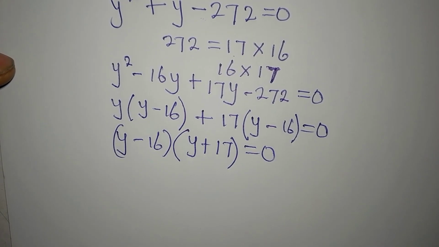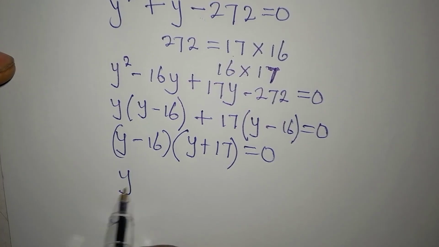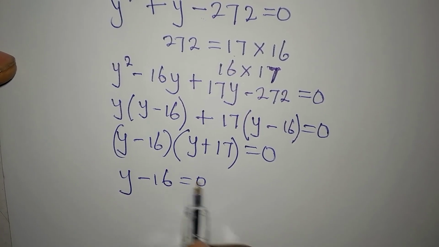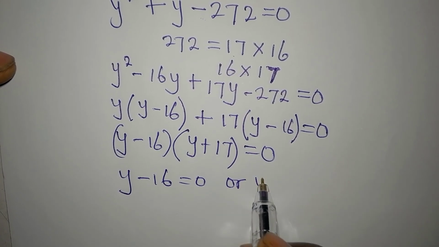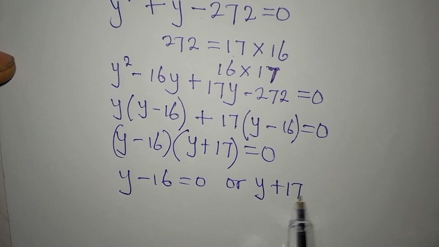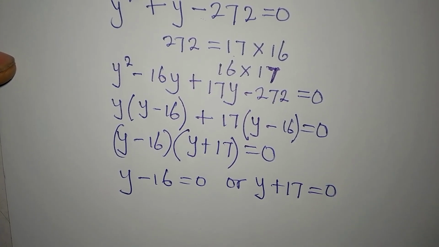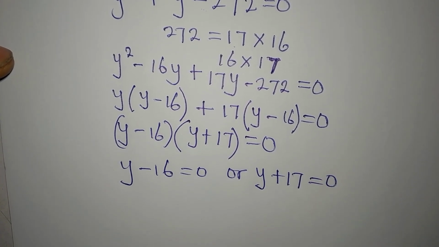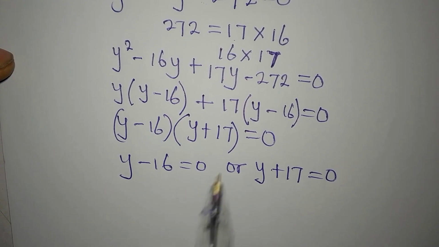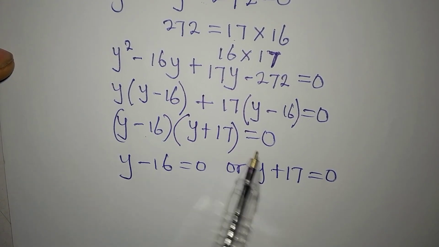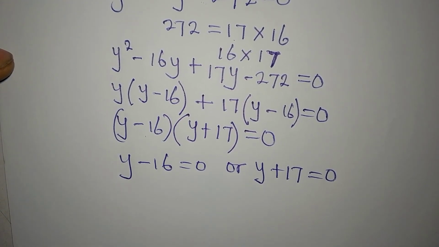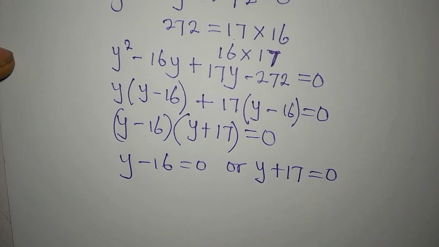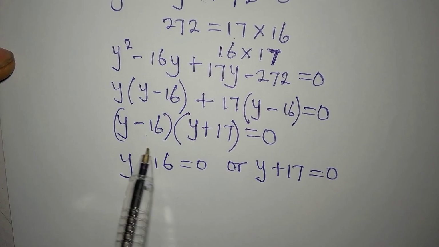So from here now, we can conclude that it's either y minus 16 is equal to 0 or y plus 17 is equal to 0. And this is what we call the zero product rule: multiplying two terms or more than two terms to get 0, so either of them, or one of the terms, must be equal to 0. So that's what we are doing here.